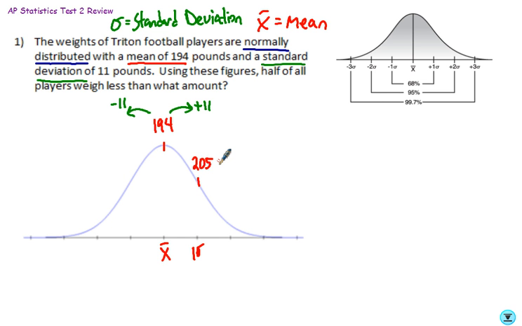Then if I go out one more standard deviation, 11 more pounds, that would be 216. And then one more standard deviation, add on 11 more pounds, now I'm up to 227.